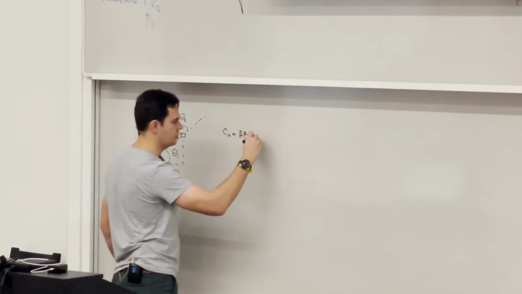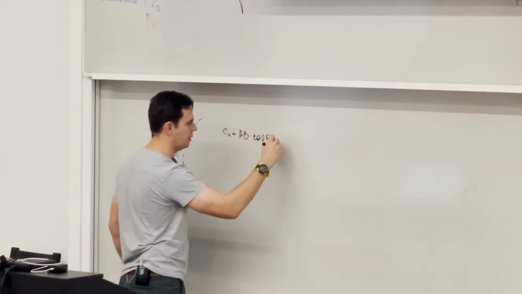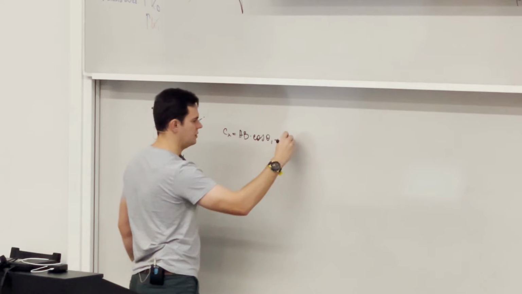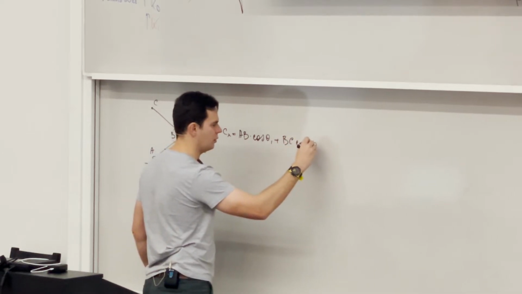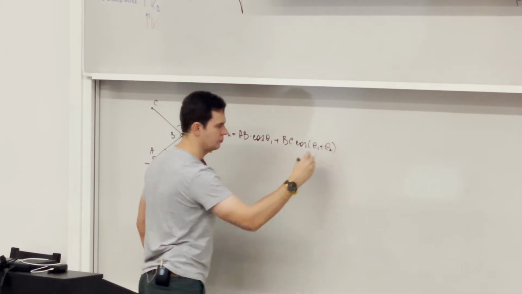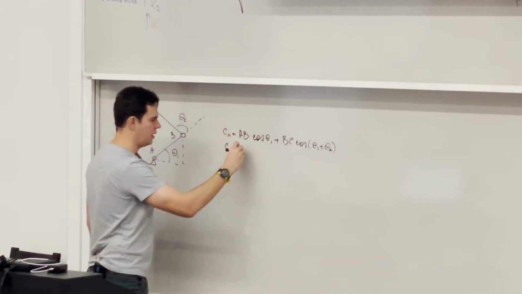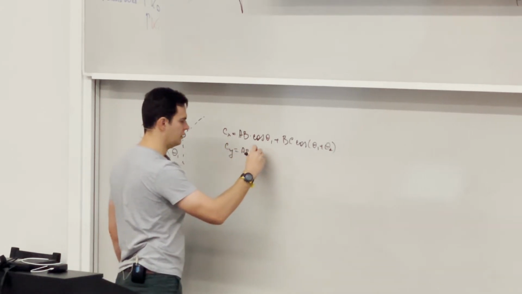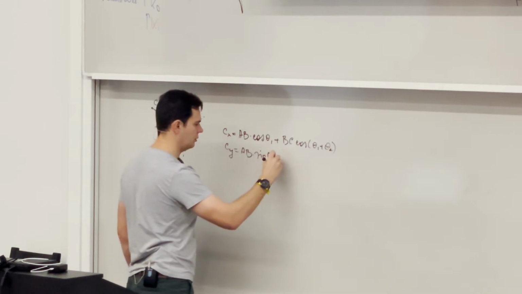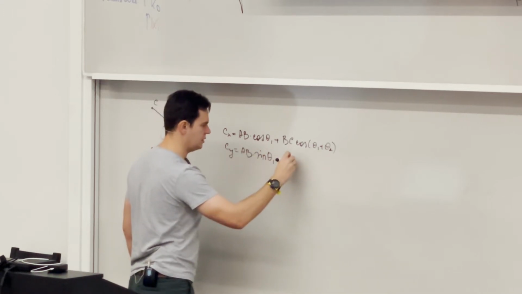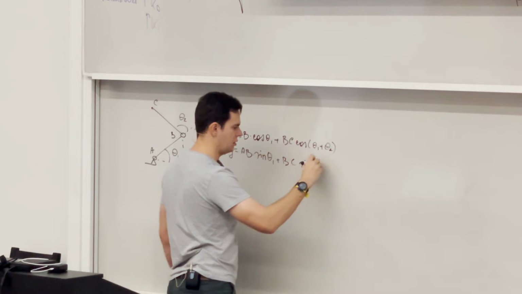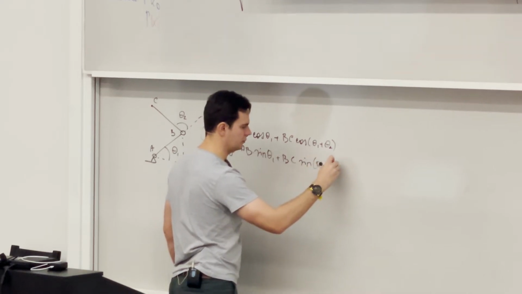Cosine. Cosine θ1 plus BC cosine of θ1 plus θ2. Do you agree? Cy will be AB times sine θ1 plus BC sine of θ1 plus θ2.